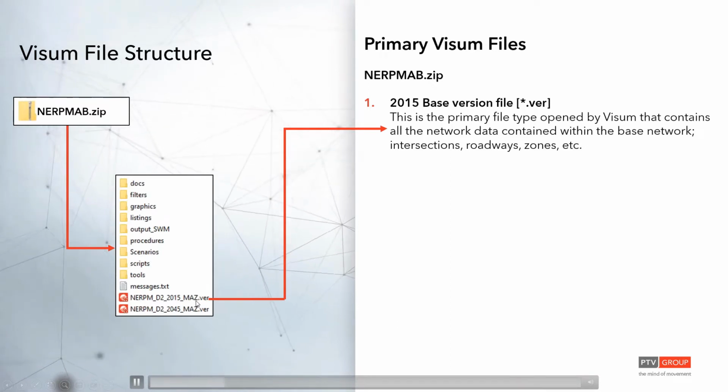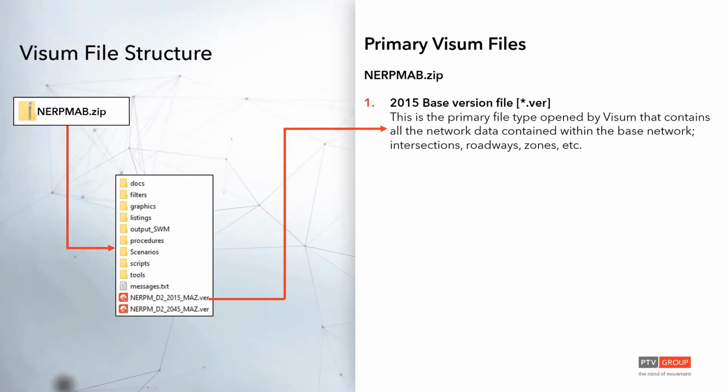You see those two files at the bottom of this directory structure here, and they go by the file extension .ver. So these are called version files, and this is the primary file that you would open when you're working with any Visum model. It contains all the data that is needed for a model.